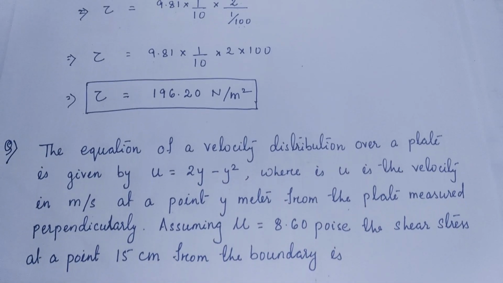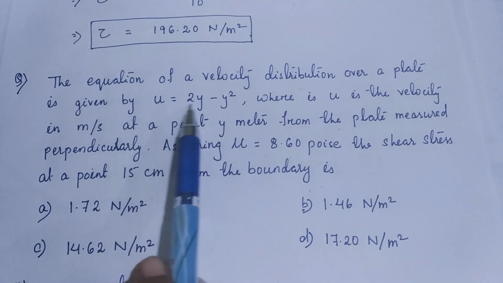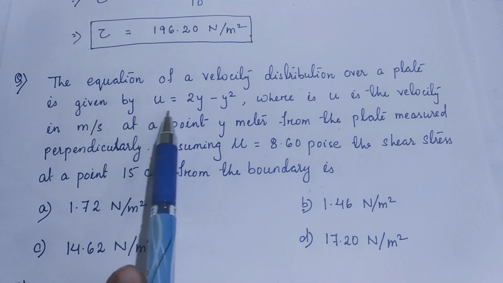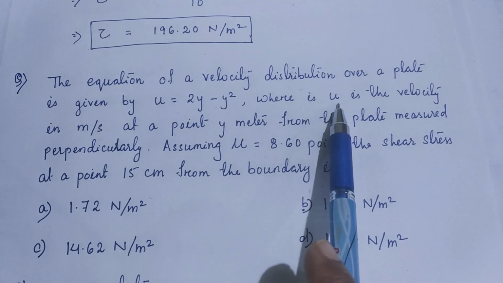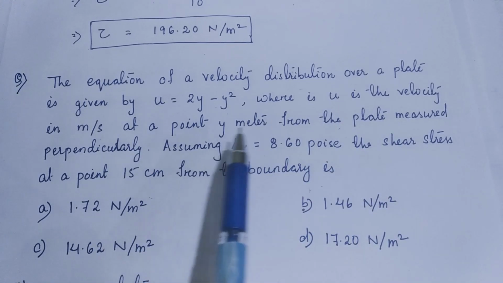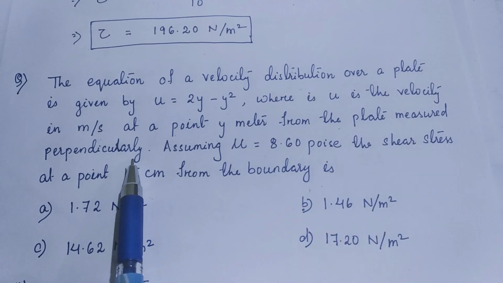Next, another numerical. The equation of a velocity distribution over a plate is given by u equal to 2y minus y square, where u is the velocity in meter per second at a given point y in meter from the plate measured perpendicularly.